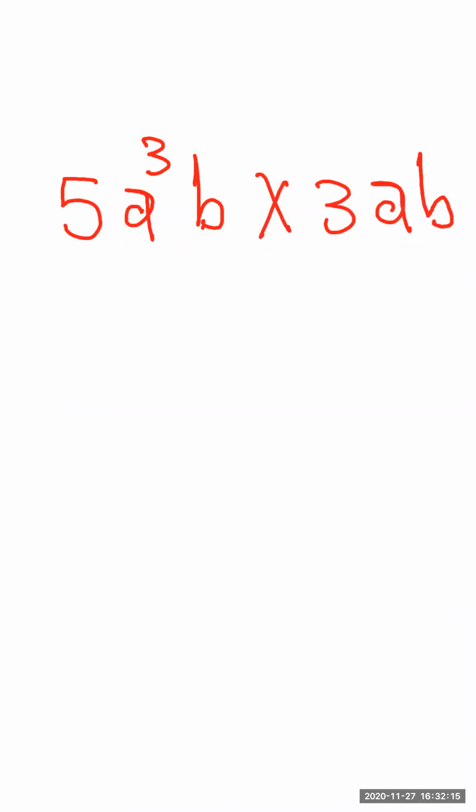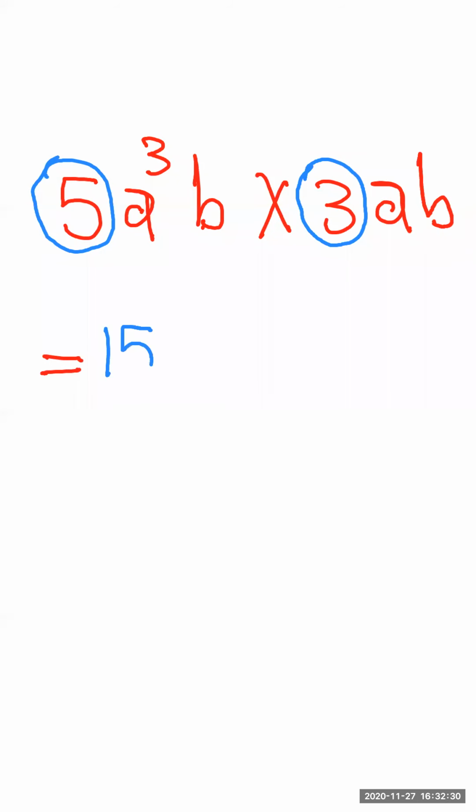Okay, now how to multiply these two expressions or two terms? First, I said that I have to multiply the coefficient of the first term with the coefficient of the second term. So 5 times 3 means 15, right? Then look for the next terms.